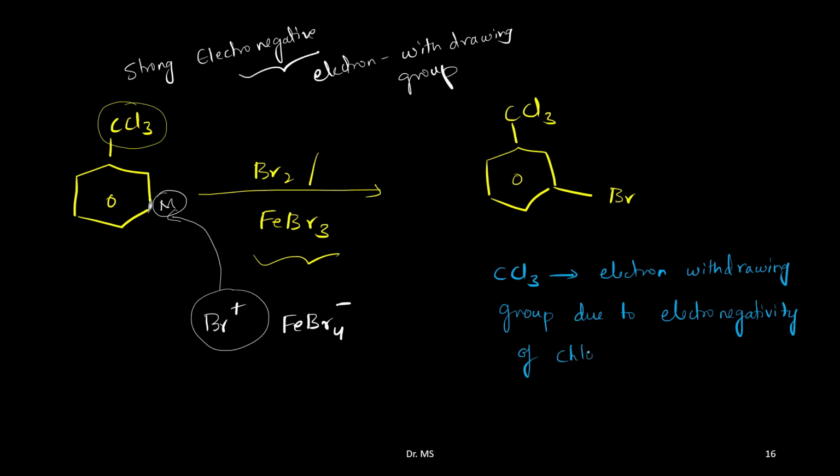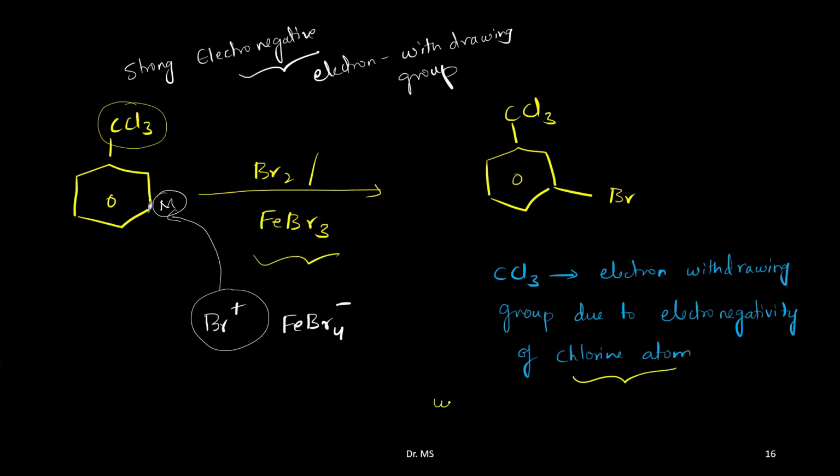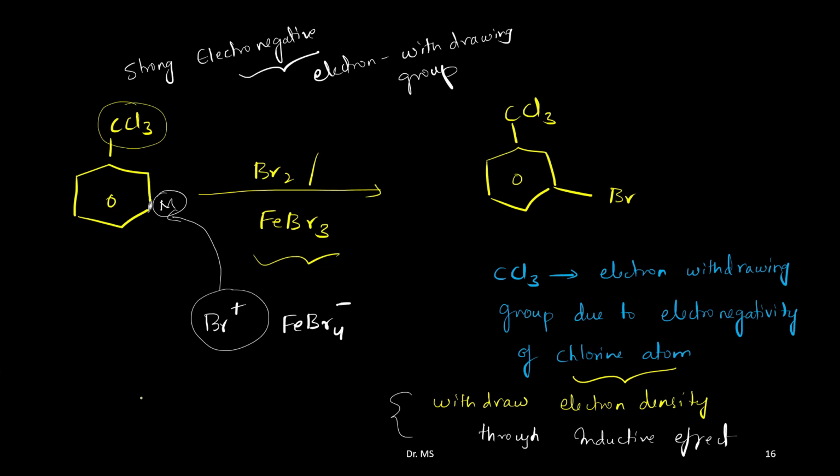Because of the electronegativity of the chlorine atom, it will withdraw electron density. This withdrawing of electron density is happening by a special effect that we call the inductive effect. So withdraw electron density through the inductive effect. Because of this reason, the aromatic ring becomes less reactive.